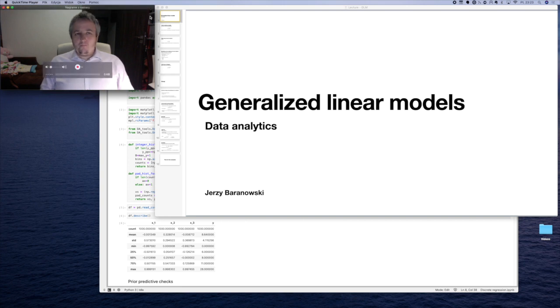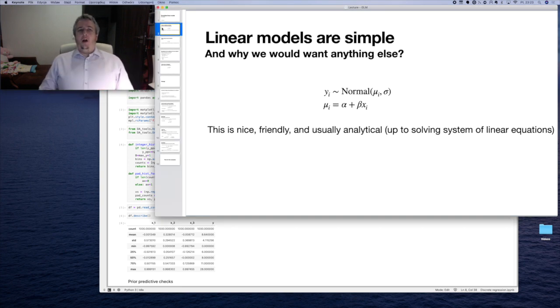So, generally, linear models are simple, and unfortunately, it's not exactly everything that we need, because linear models are usually based on normal distributions, where instead of fitting one normal distribution to our measurements, we use a normal distribution with means that are parameterized by our predictors.